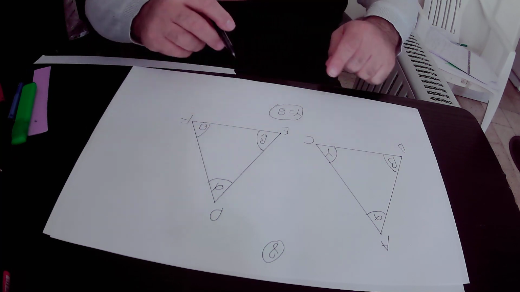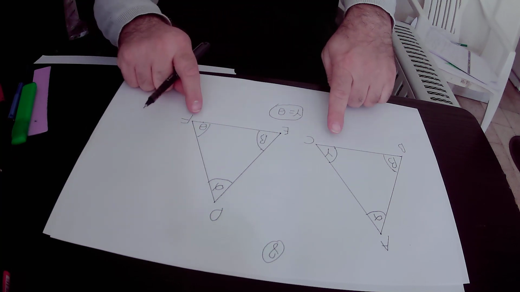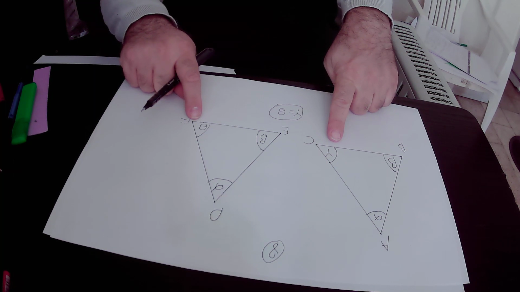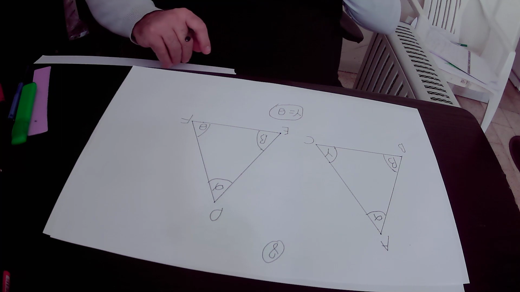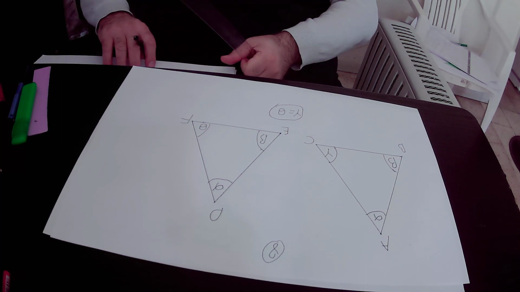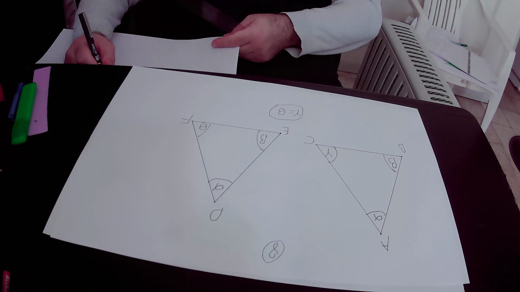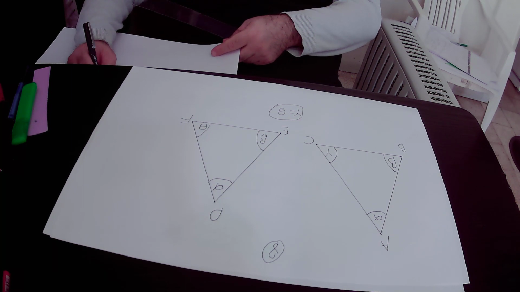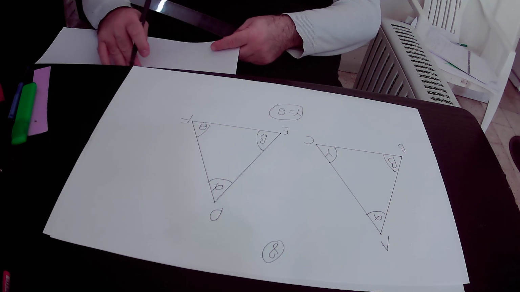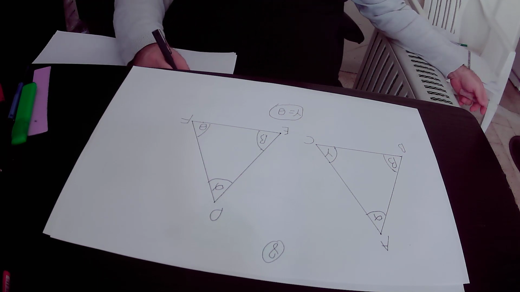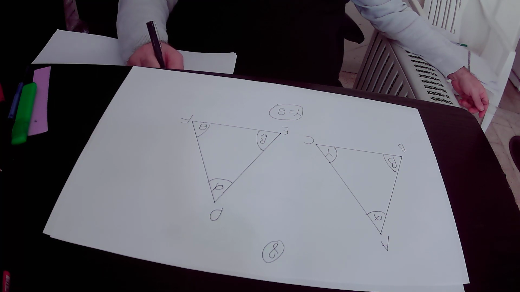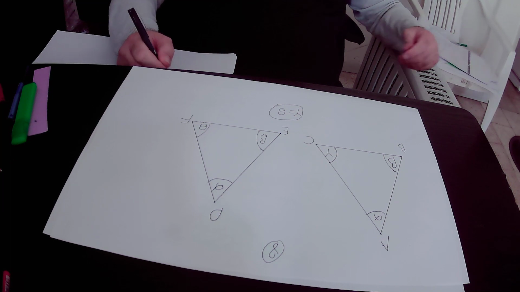Okay, so we will actually prove that those two angles are congruent, or they are equal to each other, and we will prove it by the rule that states that the sum of the angles in any triangle equals 180 degrees. So the sum of the angles in triangle ABC equals 180 degrees.